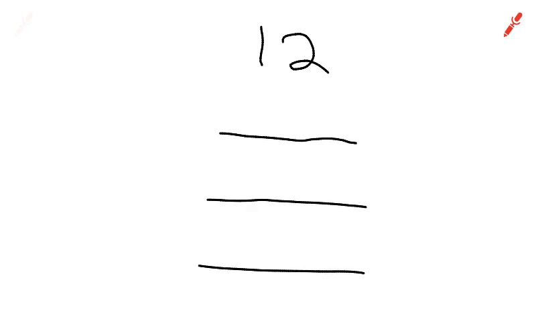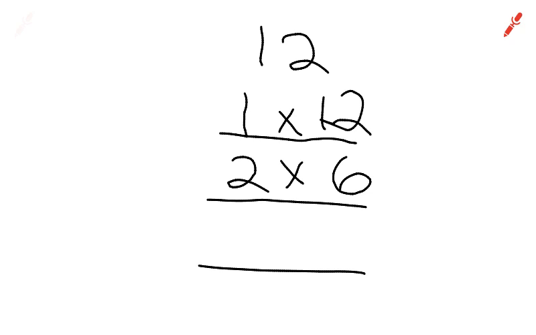The number 12, we're given 3 blanks because there's going to be more numbers that go into it. 1 and 12, the easy one first. And then 2 times 6 is 12. And then also 3 times 4 is 12. So our pairs of factors are 1 and 12, 2 and 6, 3 and 4.